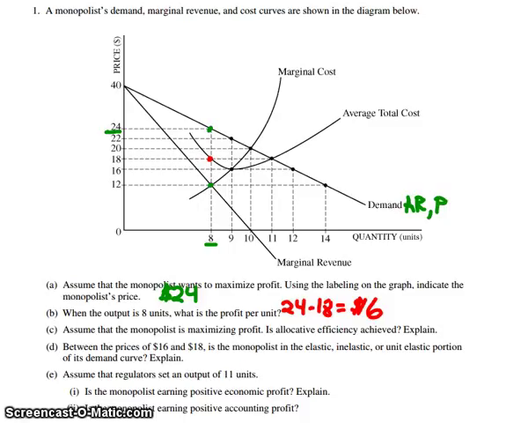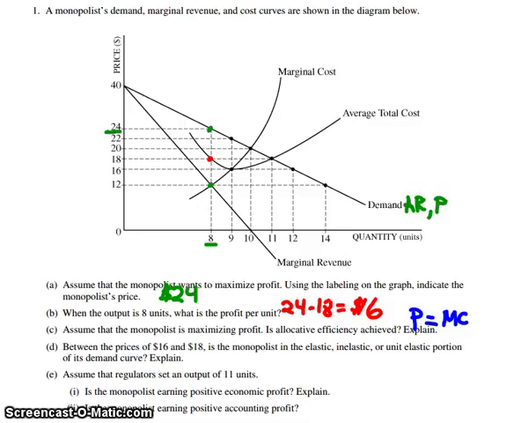In Part C, assume that the monopolist is maximizing profit. Is allocative efficiency achieved? Remember, allocative efficiency is when price is equal to marginal cost. And you may have even already memorized or recalled that the monopolist produces a quantity smaller than what society wants and charges a higher price for it.